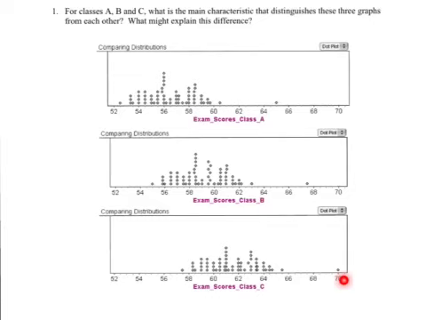And then the only thing that's different, it looks kind of like we've picked these exam scores up and we've moved them to the right. The center here is at 56, the center for this class is at 59, and the center for this class is around 61. So where these graphs are different, what distinguishes them is that the centers are different.